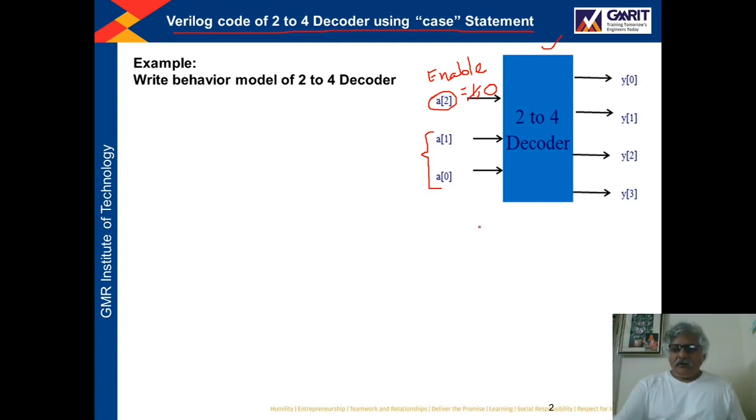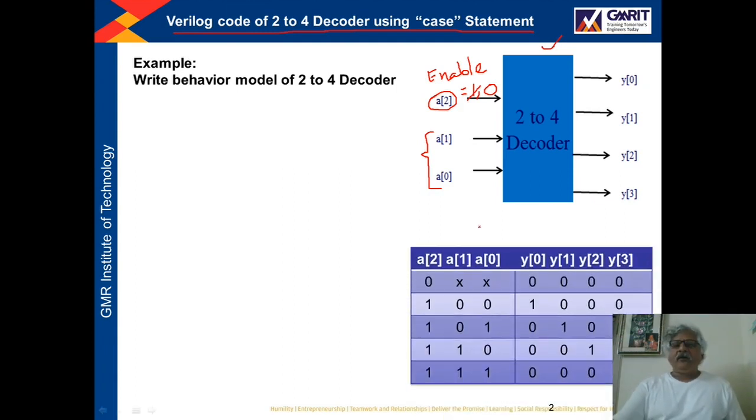The truth table for this decoder is like this. These are the inputs A2, A1, A0, and these are the outputs.